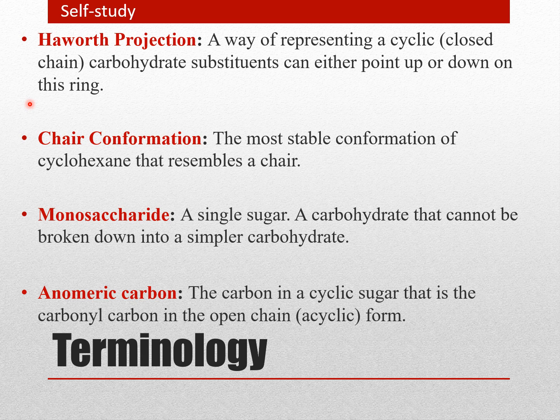Haworth projection and Fischer projection have huge differences. So find out. And then also chair conformation, which we just went through a few slides ago. And then monosaccharide as well as anomeric carbon. I'm not going to go into detail describing these terminologies, but you should figure it out on your own.